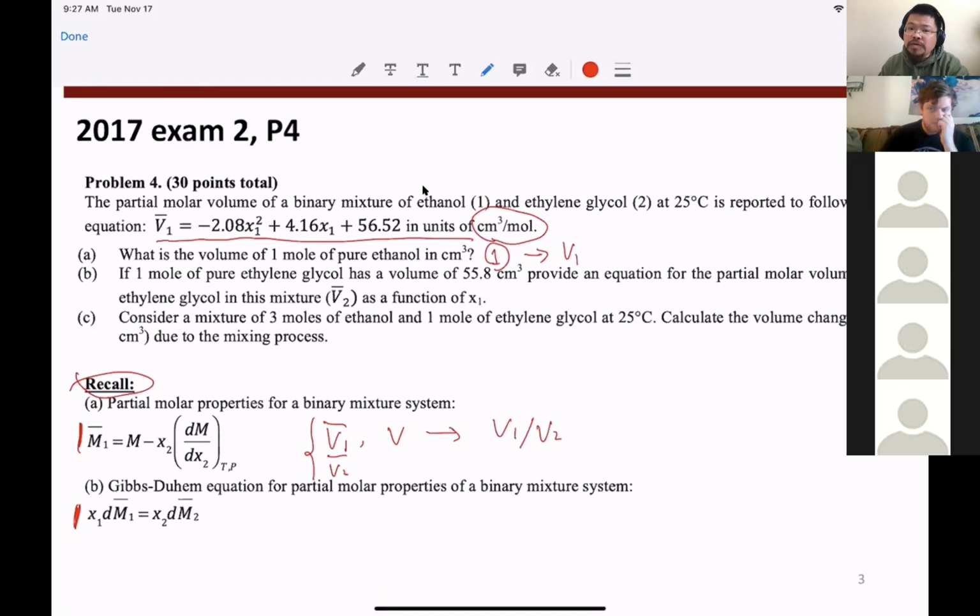So if we have this partial molar volume, and we are interested in the V1 pure, then simply push x1 to 1. Then this V1, when x1 goes to 1, should be the pure V1.